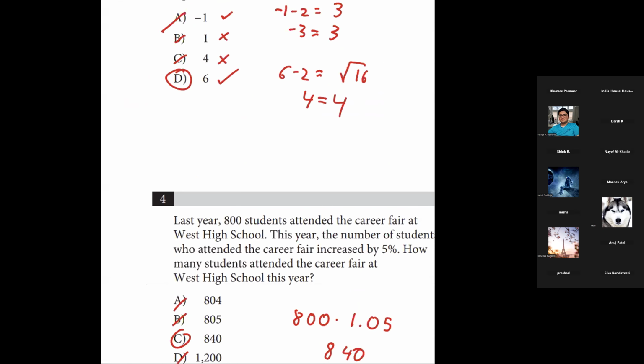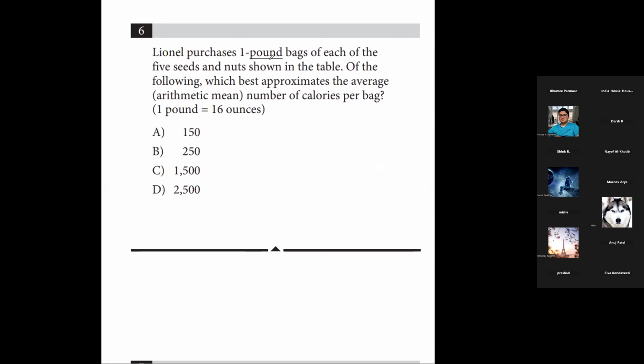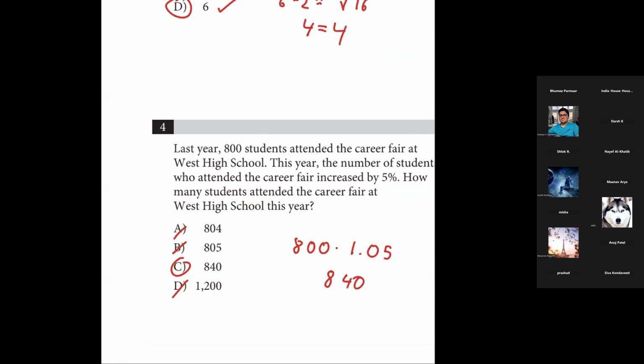Of each of the 5 seeds and nuts, which of the following best approximates the average number of calories per bag?